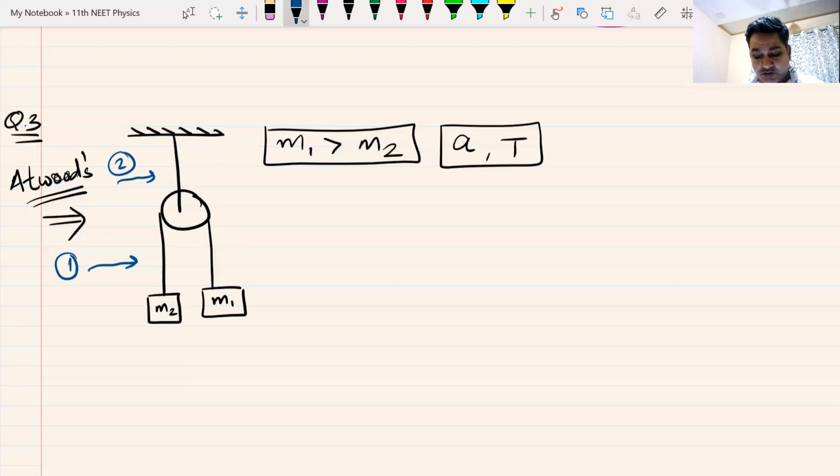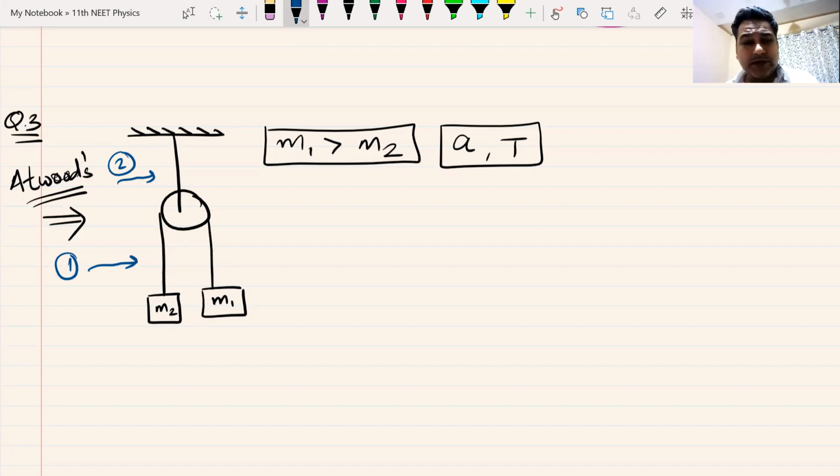How would you solve this question? Any idea? Now, first of all, you will have to understand in which direction this system moves.